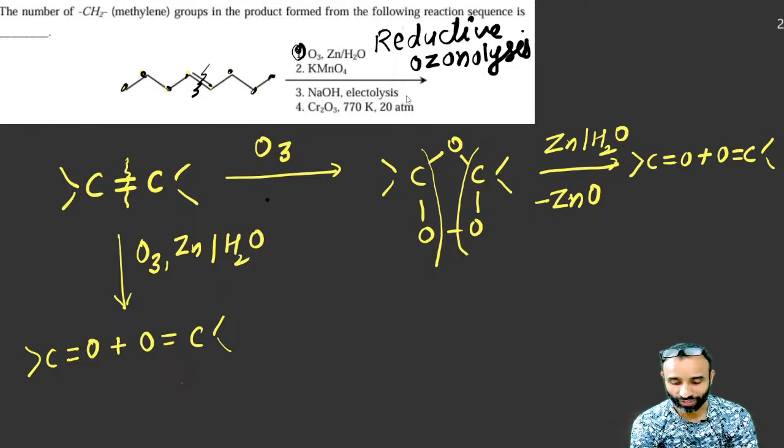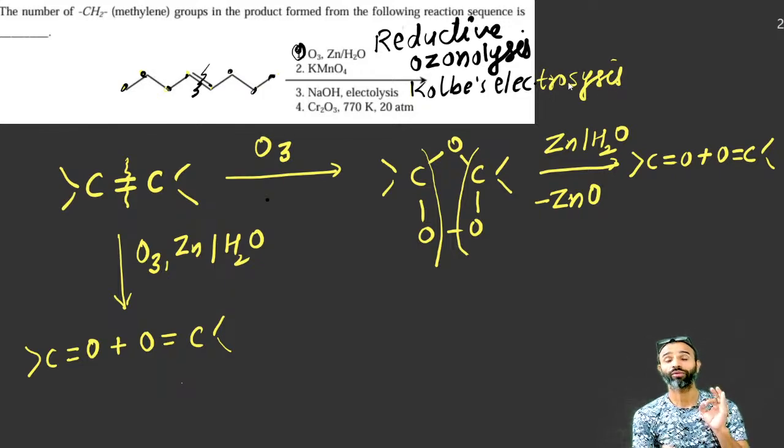It is simply Kolbe's electrolysis. See, whenever we have electrolysis in the presence of sodium hydroxide, I think there is only one reaction. We have a sodium or potassium salt, then treatment with KOH or NaOH and electrolysis.